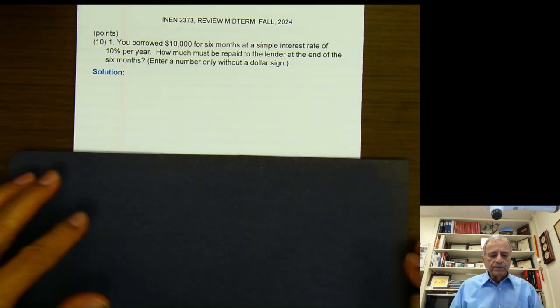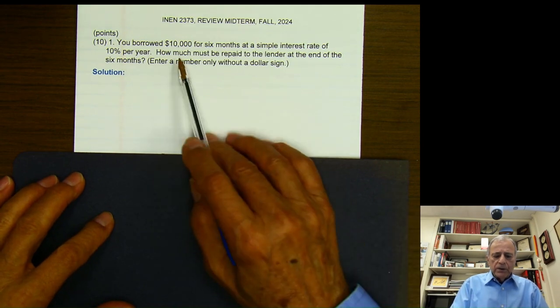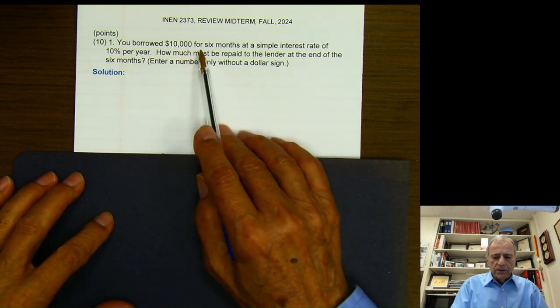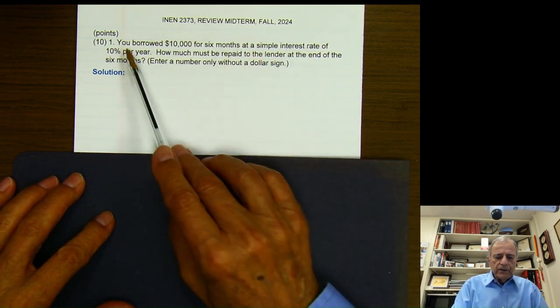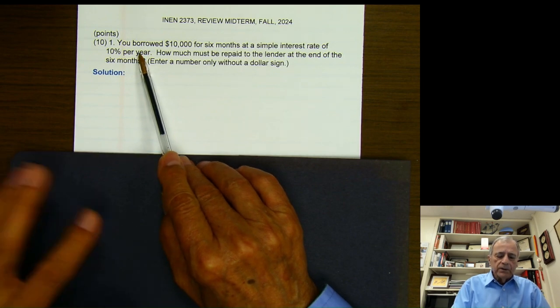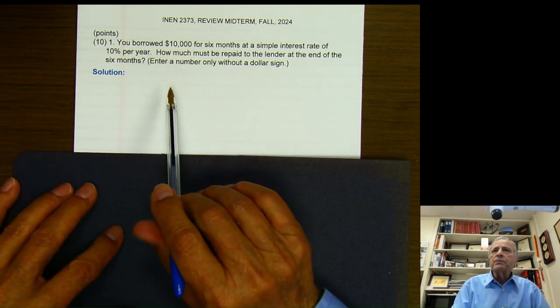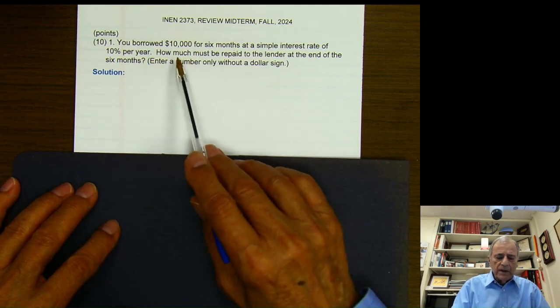The first problem, the one from chapter 1, says you borrowed $10,000 for 6 months at a simple interest rate of 10% per year. The only chapter we really deal with simple interest is in chapter 1 that I can recall.